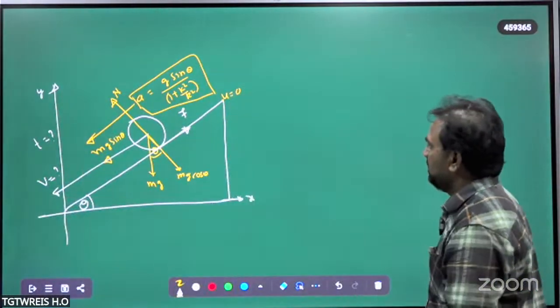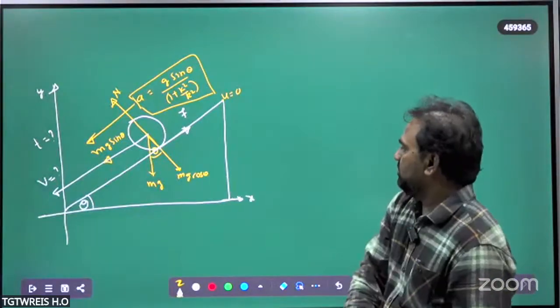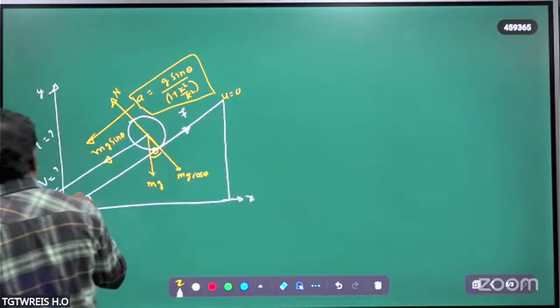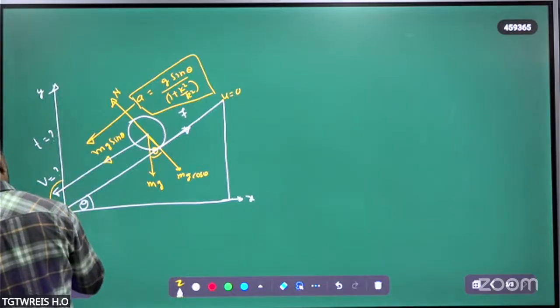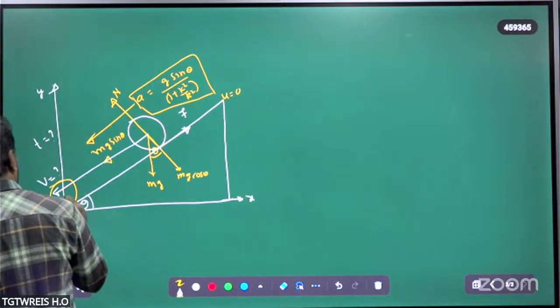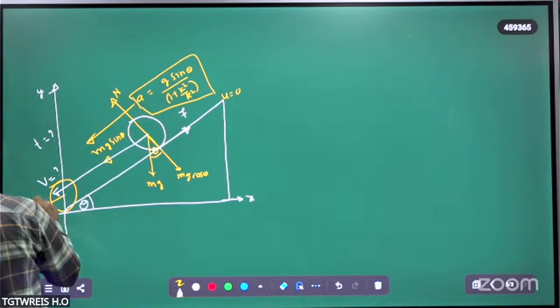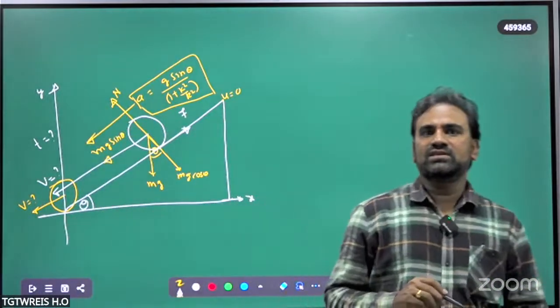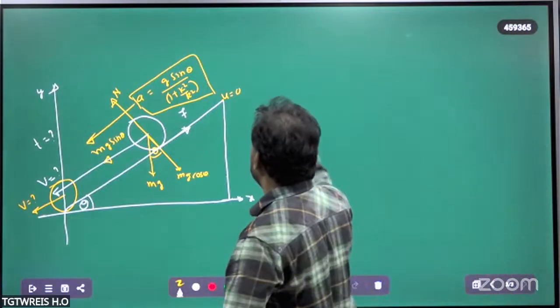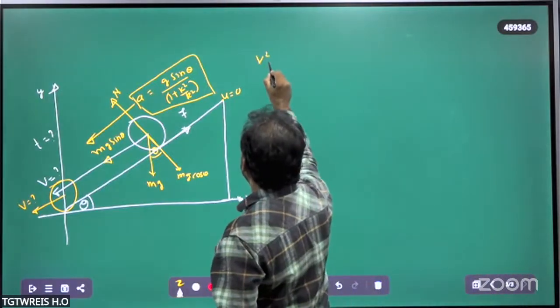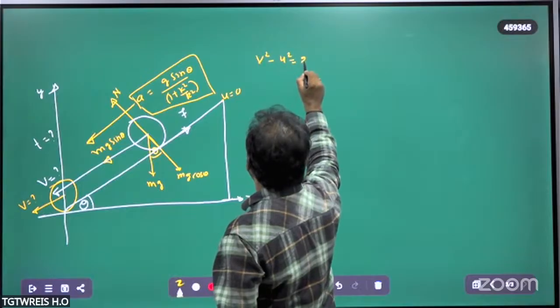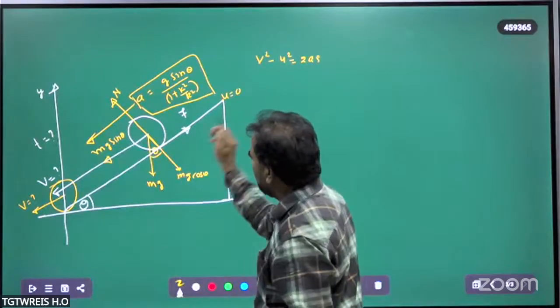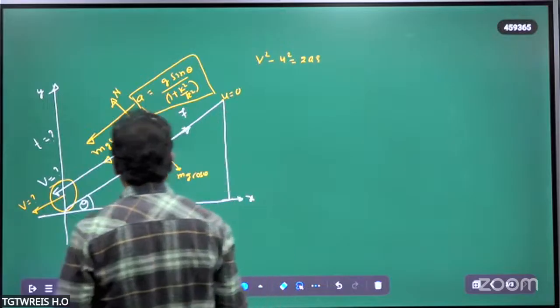Therefore, the velocity with which it reaches the bottom of the plane is what we now have to calculate. Applying the equation of motion, v square minus u square is equal to 2as. But the length of the plane we don't know.